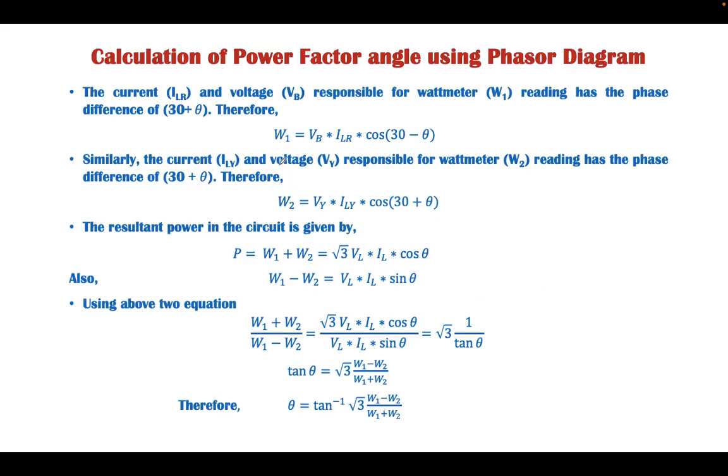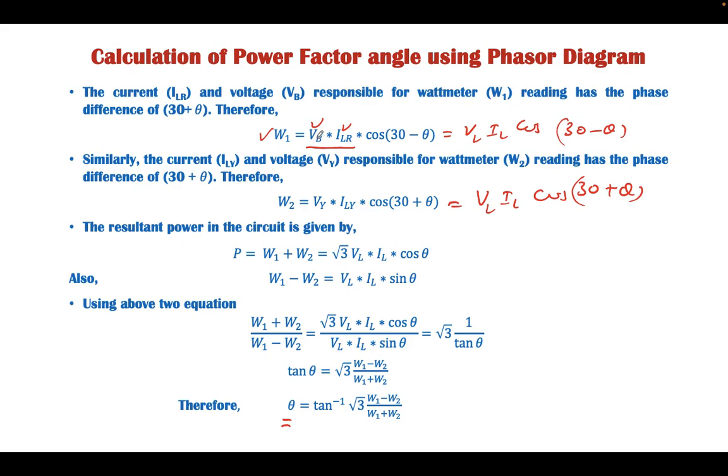Now, in the way we calculated the power factor angle of a load earlier, we can calculate it here too. W1 is equal to VL IL cos of 30 minus theta. Similarly, W2 is equal to VL IL cos of 30 plus theta. Here we consider the system balanced: this is IL, this is VL.